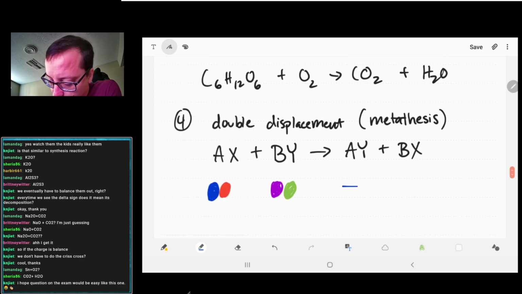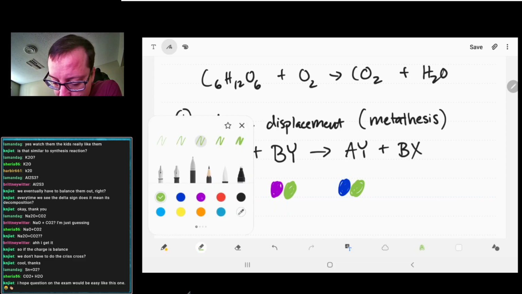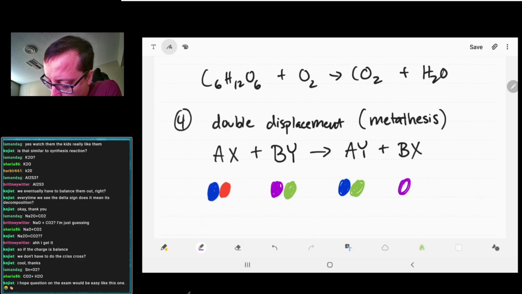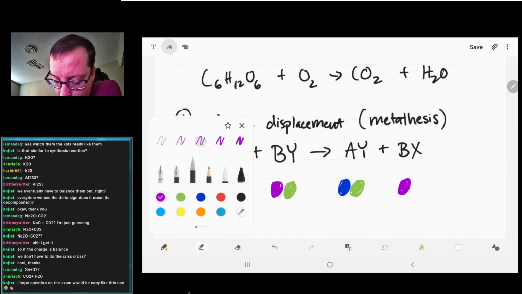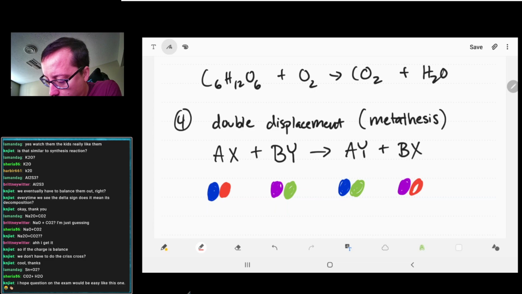What we'll get, as I switch through all of our colors here, purple is next. Okay, there we go. What we're doing here is we're swapping partners.